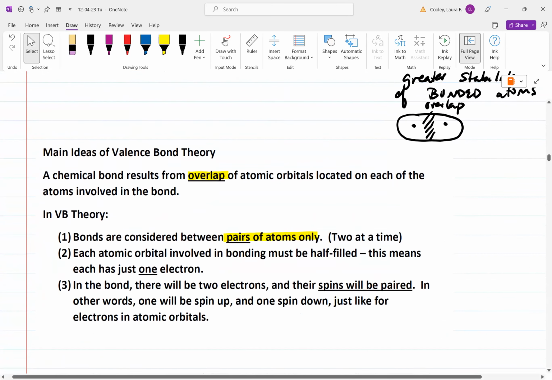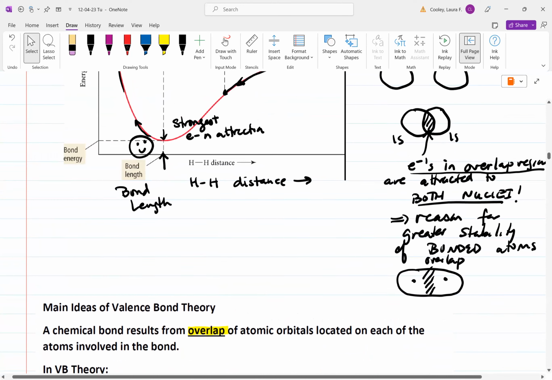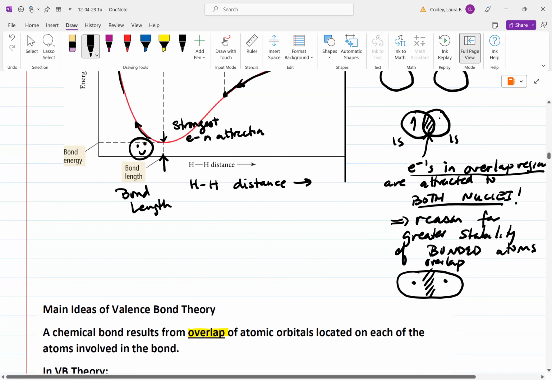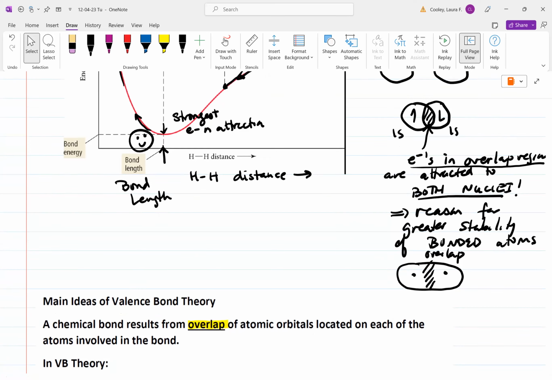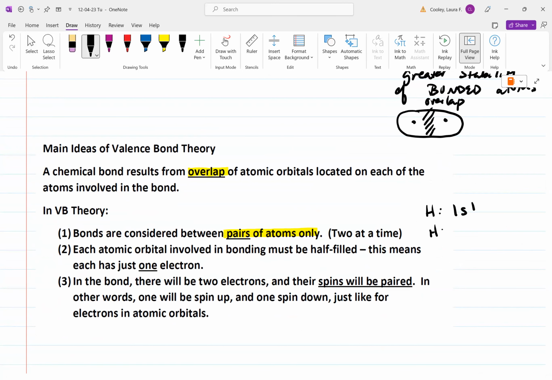Now, here's the other thing that I didn't mention, that each of these orbitals has to be half filled. So when you have a hydrogen 1s, you have hydrogen 1s1 and another one. This is half filled.